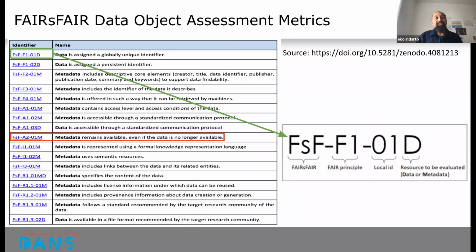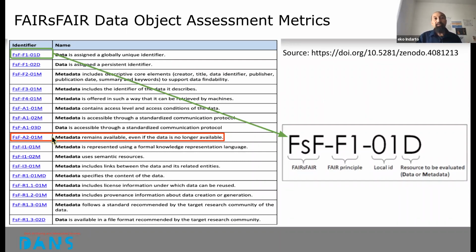To measure the research data object's level of fairness, FUJI currently uses the FAIRsFAIR data object assessment matrix version 0.4. FUJI conducts at least one test per assessment metric, except for the FSF A201M metric that metadata must remain available even if the data is no longer available.